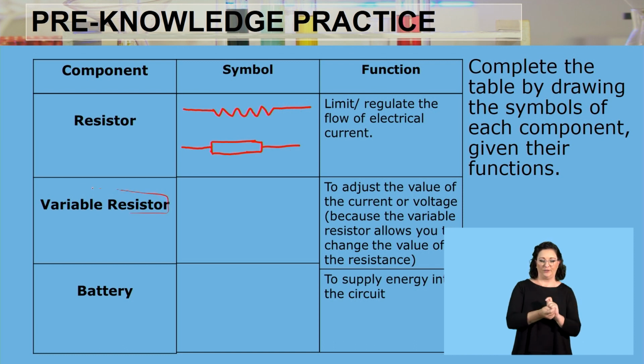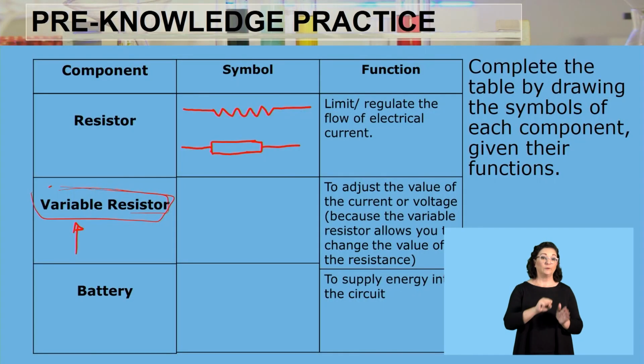Remember, this allows us to change the value of the resistance by manipulating it, either taking it up or taking it down. And we know that if we increase the resistance, the current of that particular circuit is going to decrease, because the current and the resistance have that relationship: when the current goes up, resistance must go down, or when resistance goes up, current must go down.